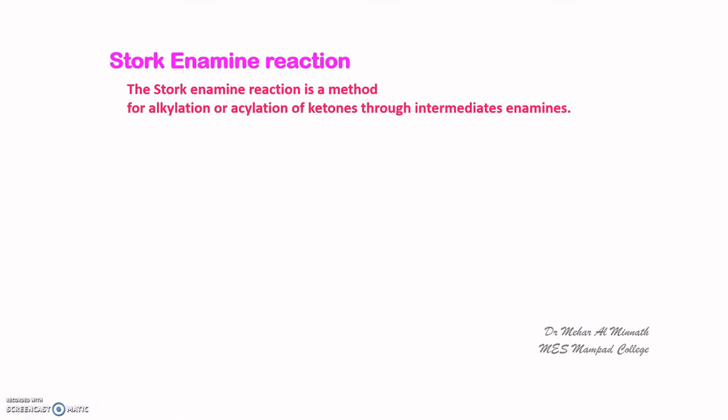Another important reaction is the Stork enamine reaction, which follows the SE1 mechanism. It is a method wherein ketones are alkylated or acylated through enamine intermediates. Basically, you can divide the reaction into two steps.